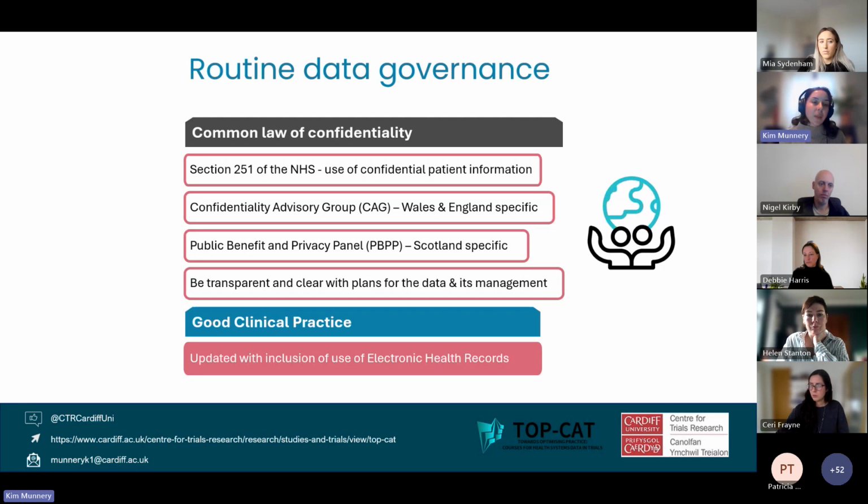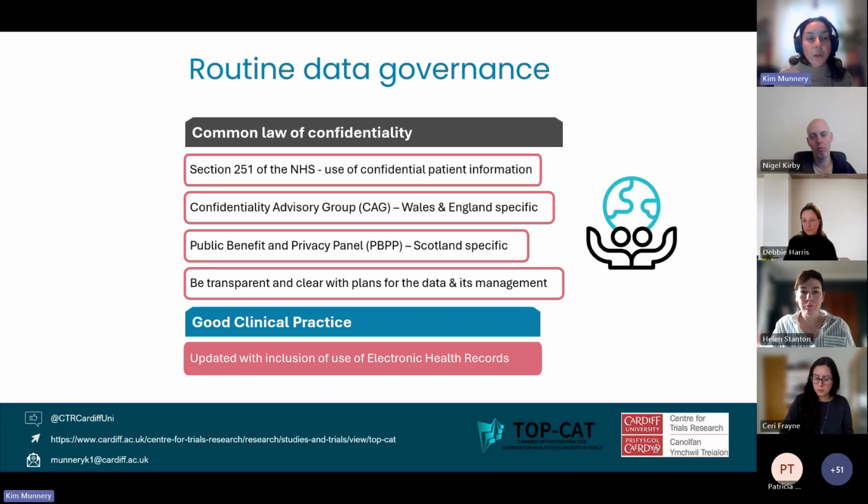So with Section 251, when you're going to a public panel, you could either go through the Confidentiality Advisory Group, CAG, which is Wales and England specific, or, with a slight change of law in Scotland, you still go through a public panel where they approve your data management. That would be the Public Benefit and Privacy Panel.